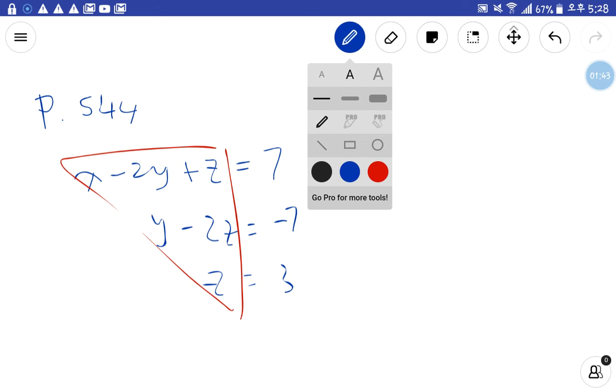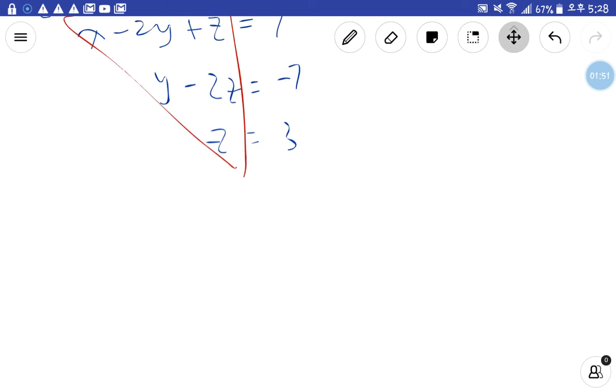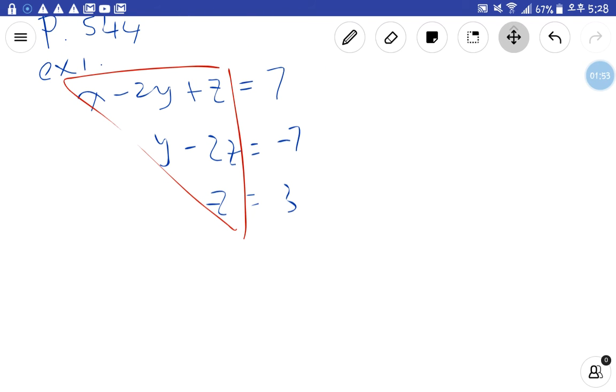I'm going to show you how to solve example 1, and I'm going to ask you to solve number 1 by yourself. Since z is already given to us, we would use the substitution method. We have two methods, right? Substitution and elimination. Here, elimination is not going to work because we don't have x, y, z in all three equations.